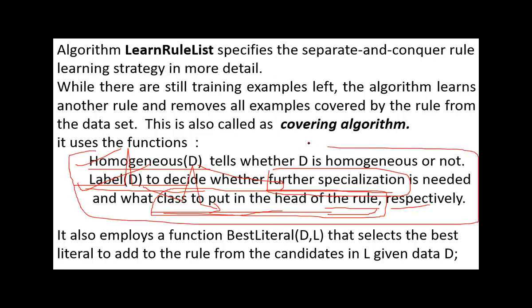In the same way as the label in the decision tree, it employs a function called best literal of D, L, that selects the best literal to add to the rule from the candidates in L. L means the list of literals given data D. For the literals needed for data D, which one is the better literal to add?